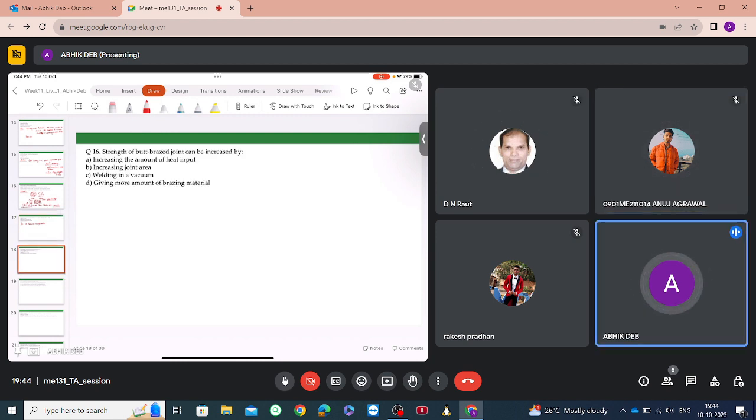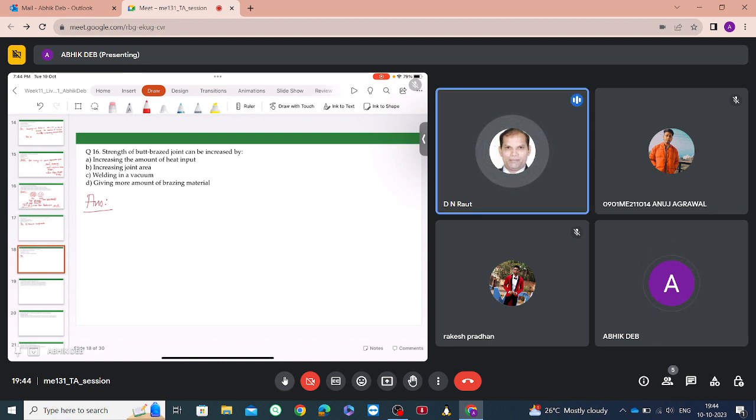Now, the strength of the butt braze joint can be increased by which of these? You know about brazing, right? What is brazing? What happens in brazing?